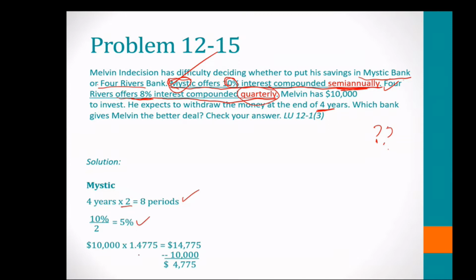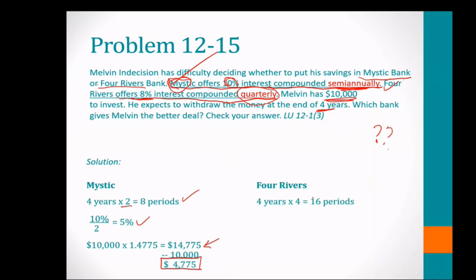So 10,000 times 1.47 equals $14,775, minus the first value 10,000. So this bank will give interest of $4,775.